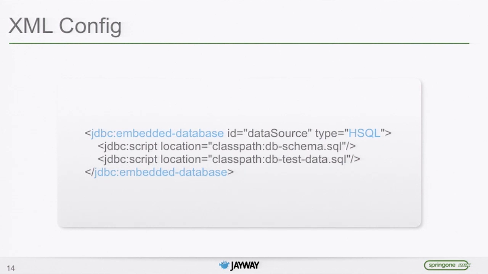You can also see that I use the script location tag, which enables the scripts associated with it to be executed during startup of this database. Here I have added the database schema that the DBA sent us, and then I can also initialize the database with some test data.